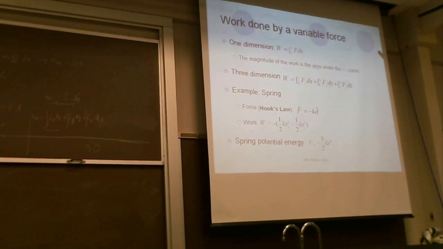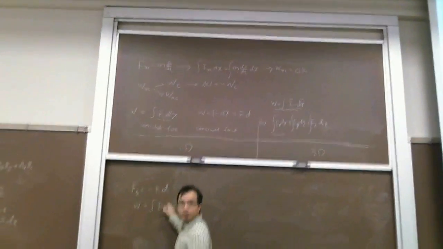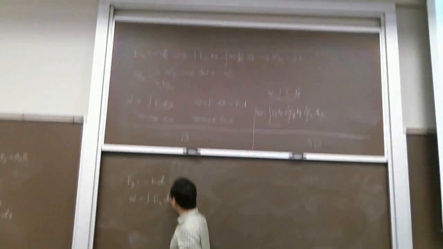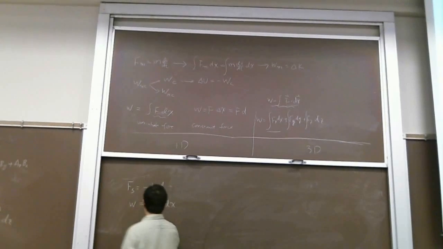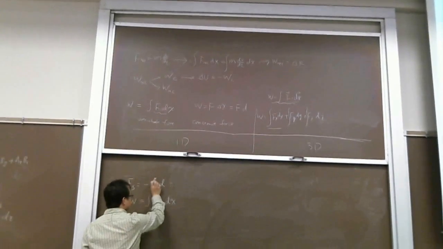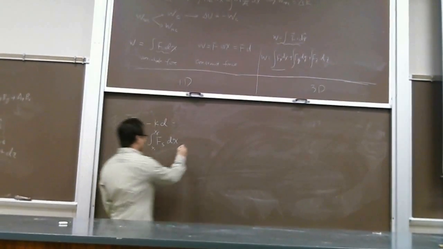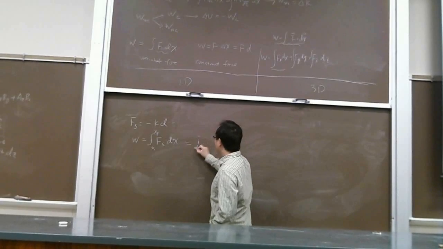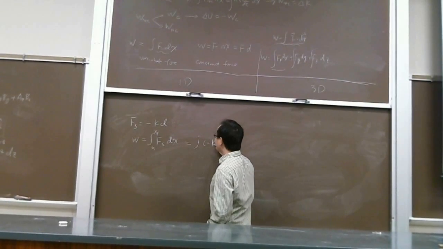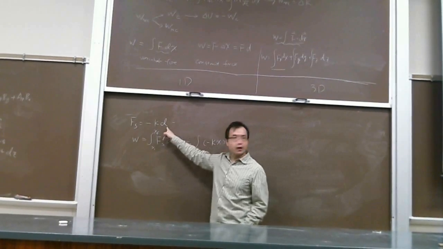So let's try to evaluate the work. The work in one dimension is just Fs multiplied by dx from the initial position, x initial, to the final position, x final. And Fs equals negative kx, if we make this along the x direction.